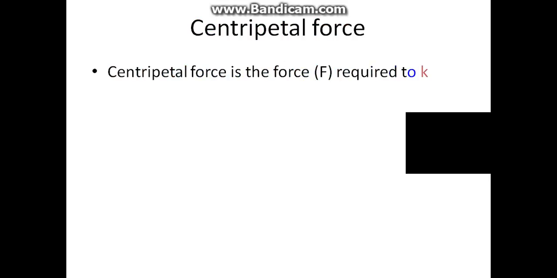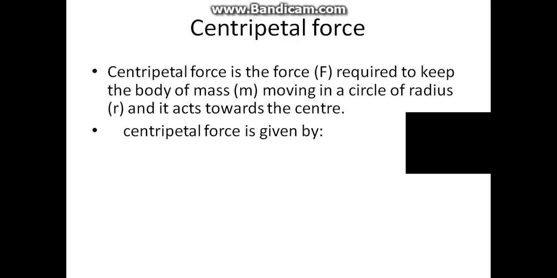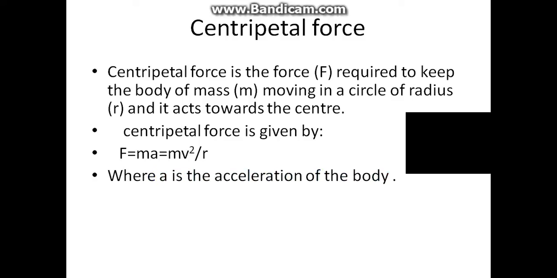Centripetal force. Centripetal force is the force F required to keep a body of mass m moving in a circle of radius r and directed towards the center. Centripetal force is given by F equals ma, which is equal to mv squared over r, where a is the acceleration of the body. Thus, centripetal acceleration A is equal to v squared over r.